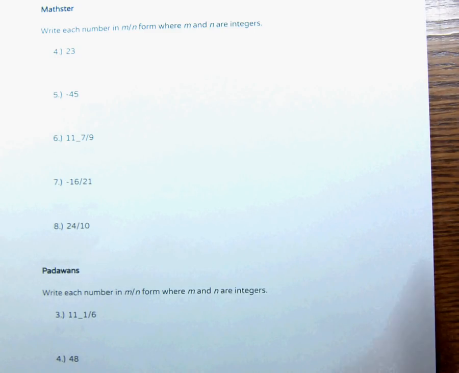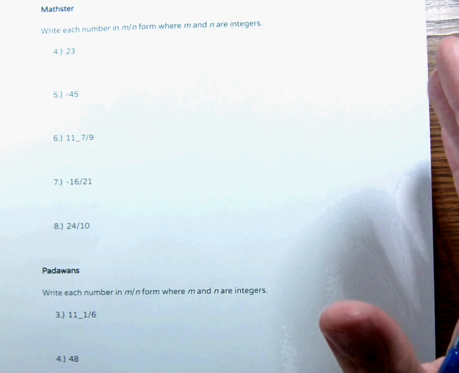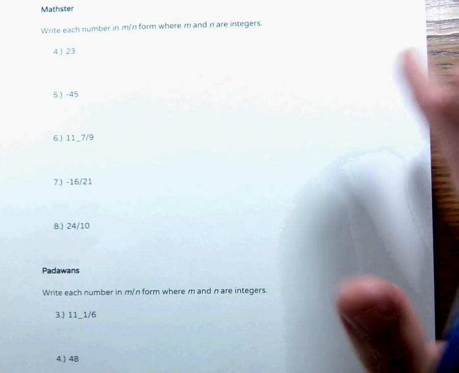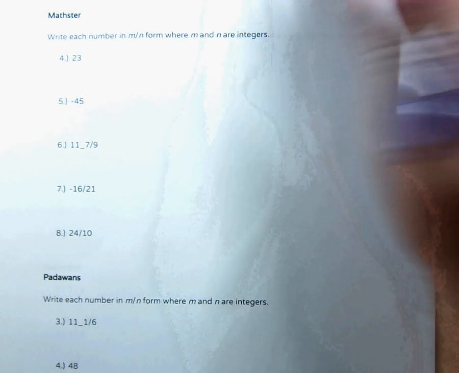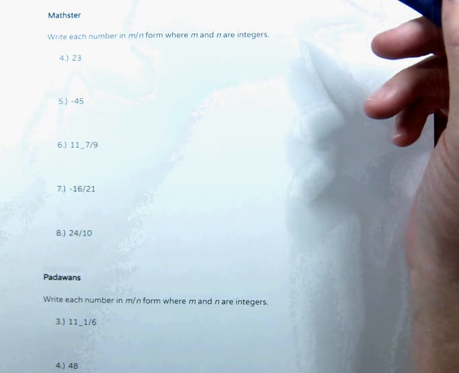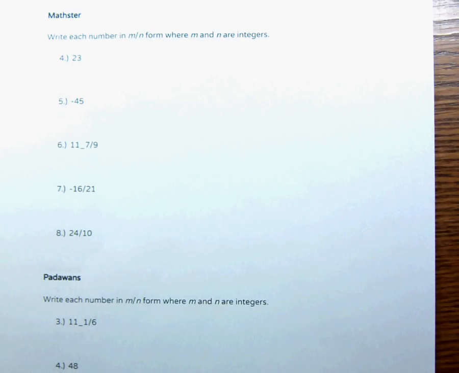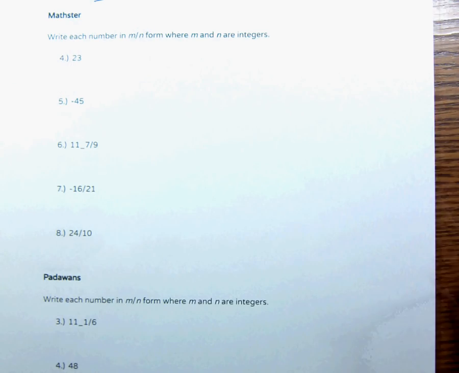All right, so here I want to write each number in m over n form where m and n are integers. What m over n form means is that I'm going to take a number, say 23, and write it like a fraction, like a ratio. These are rational numbers.